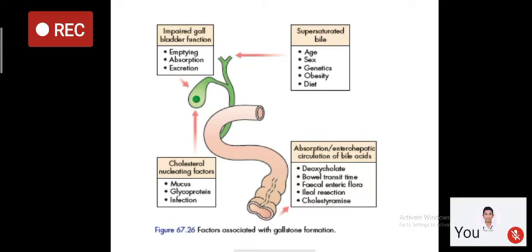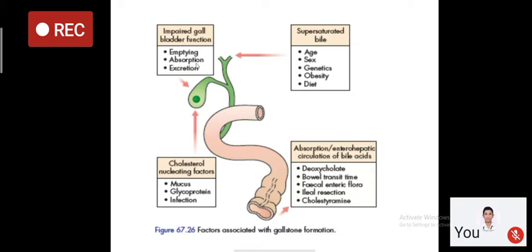Why is fasting a factor? Because due to fasting, your gallbladder will remain distended. It will not empty properly, and that will lead to formation of a nidus in the gallbladder wall, leading to deposition of supersaturated cholesterol.